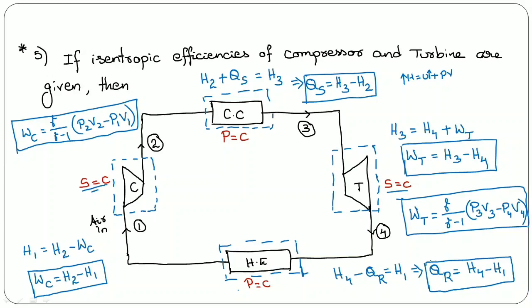Now we have got all the formulas of work input to the compressor, heat supplied, heat rejected and everything. And in this particular case, we have considered the compression and expansion to be isentropic.